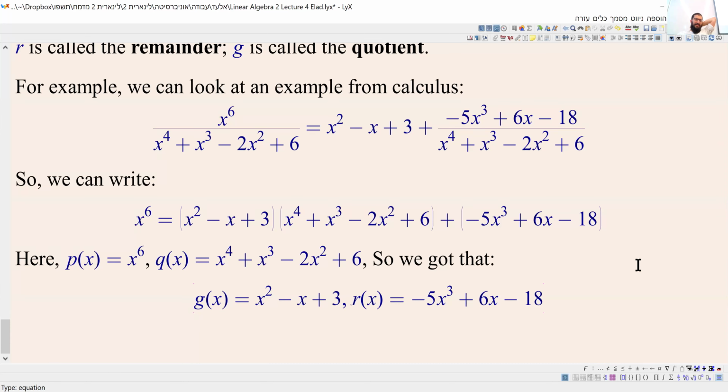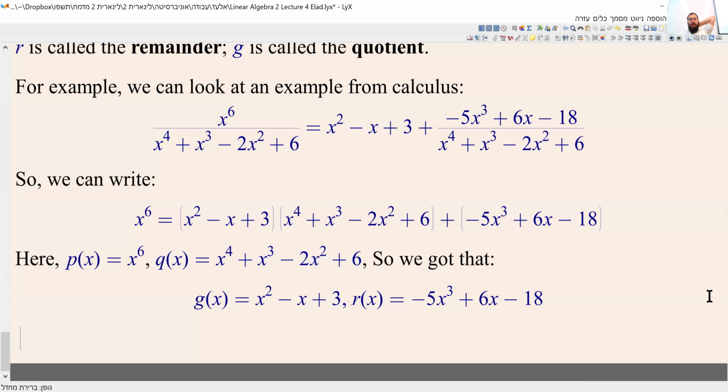And one can observe that the degree of R is smaller than the degree of Q. The degree of the remainder should always be smaller than the degree of the polynomial we divided by.